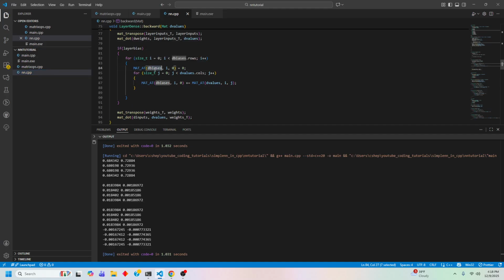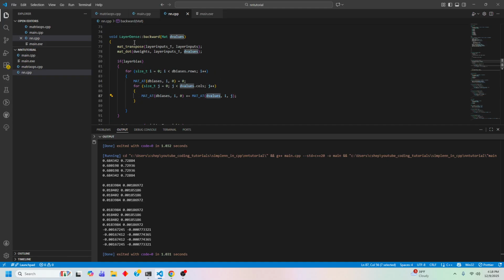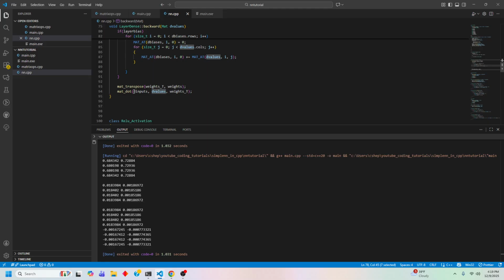And see, we've got the d biases and the d values, and the inputs times the d values gives us the derivative of the weights. But here we want the derivative of the inputs, which is the weights times the d values.